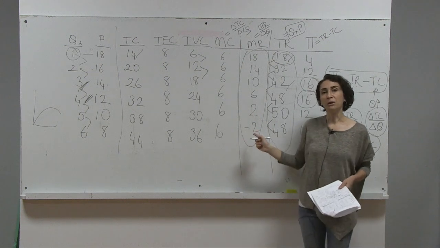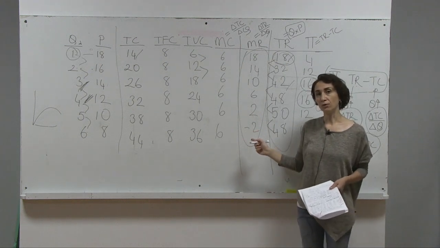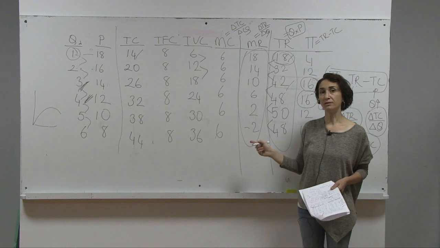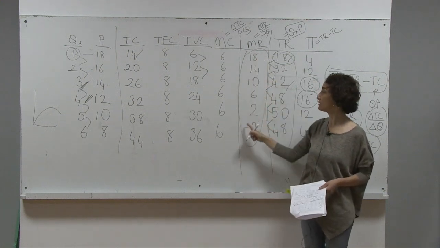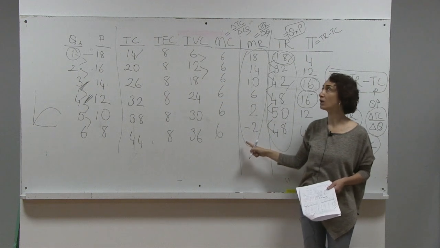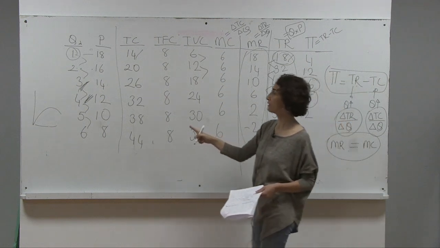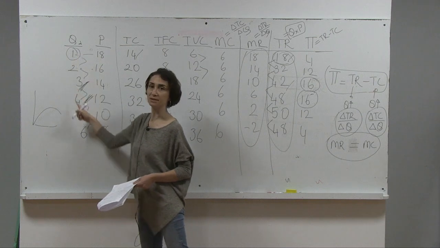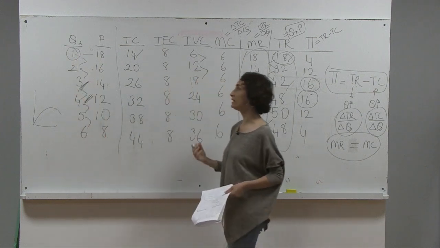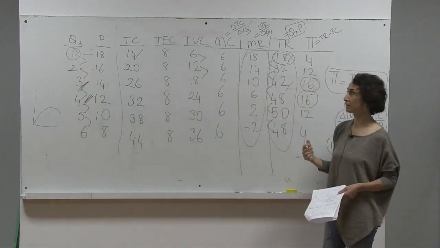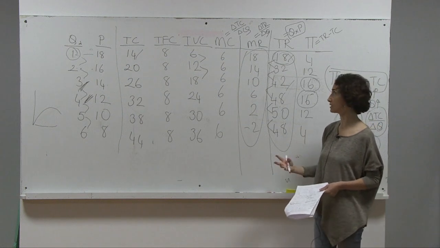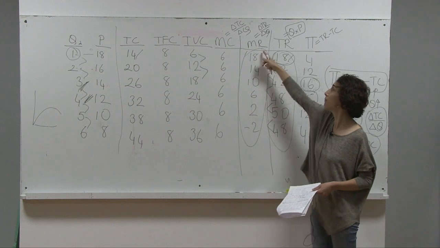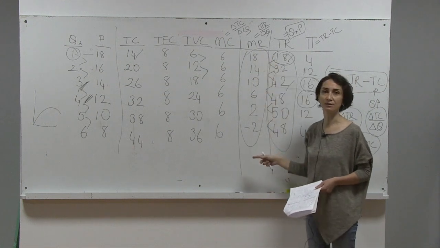This is the number one difference between a firm in a perfectly competitive market and a firm in a monopoly. Marginal revenue is going down as quantity increases, right? In a perfectly competitive market, remember, price was constant because they are price takers. Because of that, marginal revenue was constant.